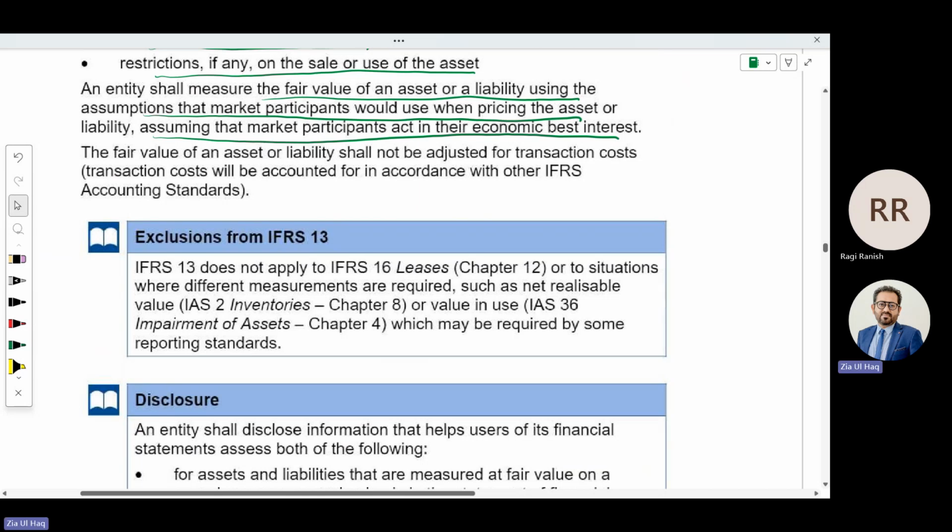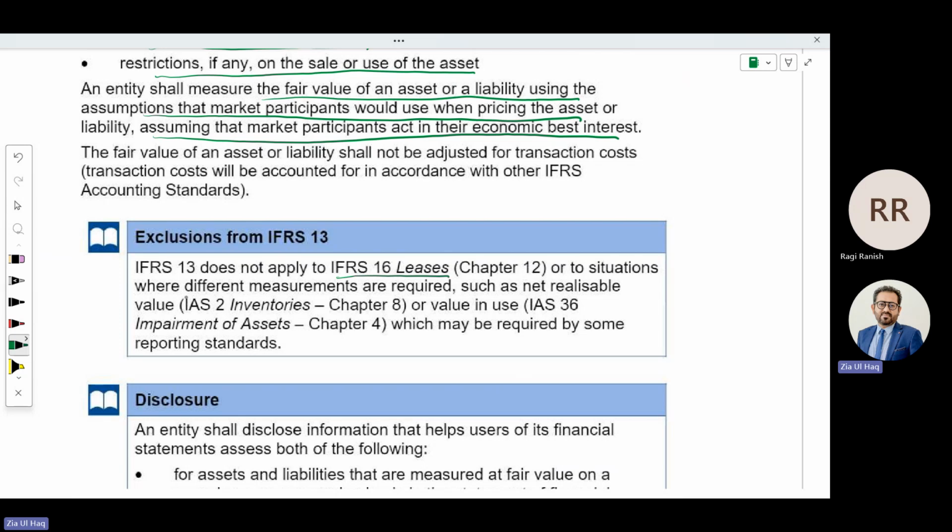Some account balances are excluded from IFRS 13 fair value measurement. IFRS 13 does not apply to IFRS 16 leases, which we will cover in the next chapter.